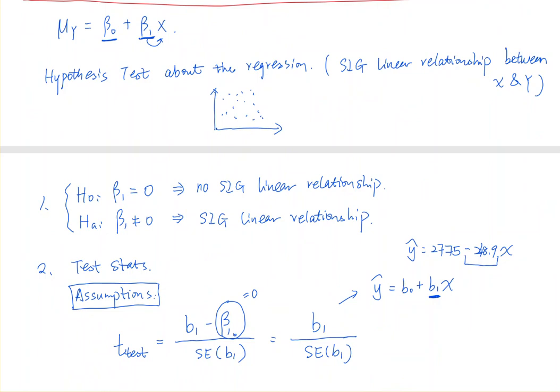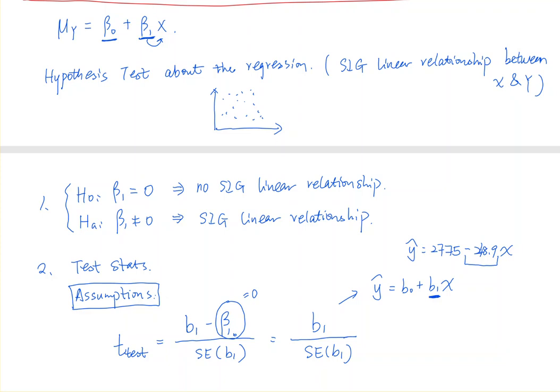Is there any significant linear relationship between x and y? You don't know about it, right? It kind of shows a negative relationship, it kind of shows a positive relationship, or overall it looks like not a significant linear relationship, but I'm not sure about it.